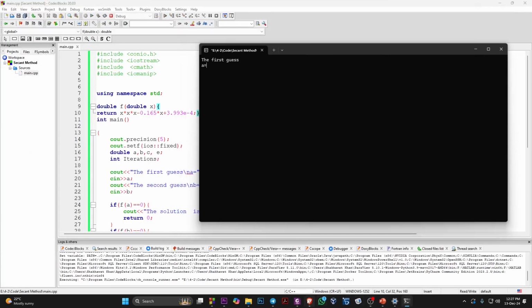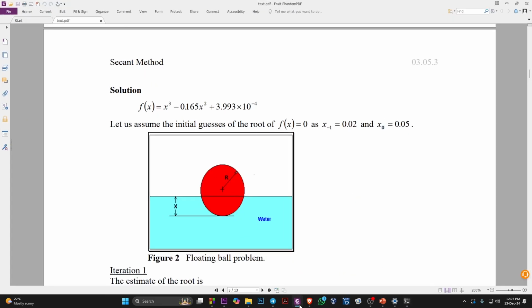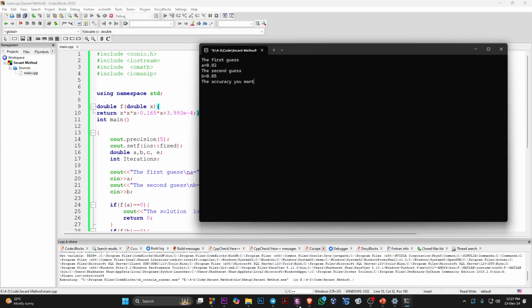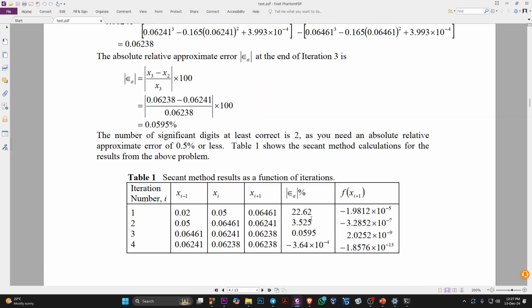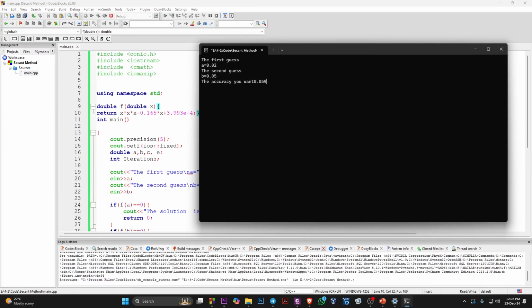My initial guess was 0.02 and my second guess was 0.05. My accuracy, what did I mention here? 0.0595. Okay, that's the iteration that happens here. A, B, C, my solution is almost 0.00242. Okay, let's check.